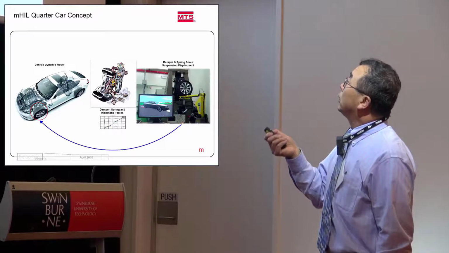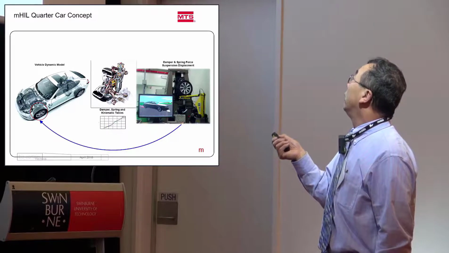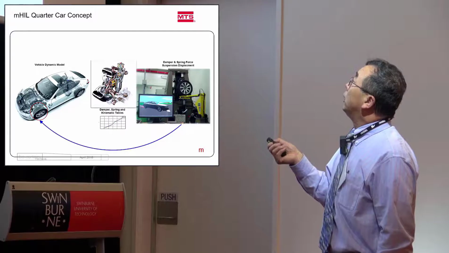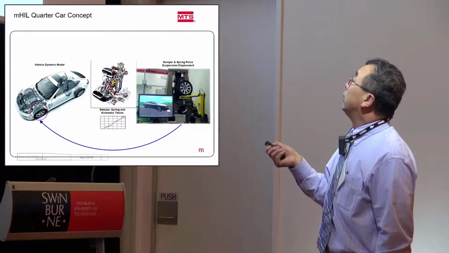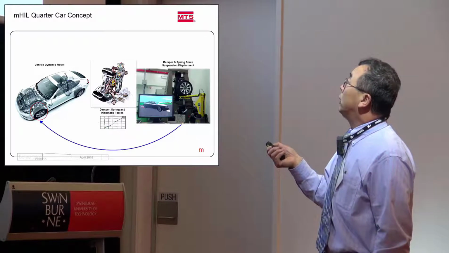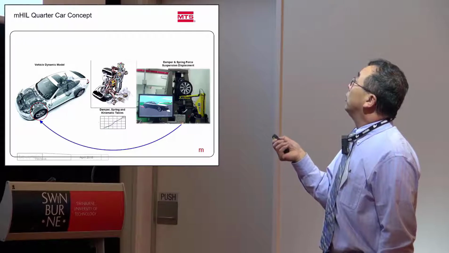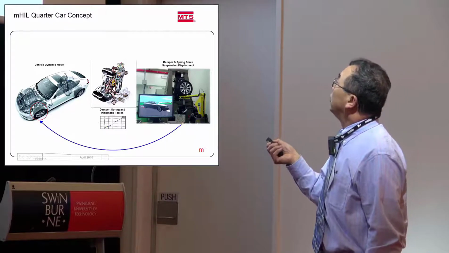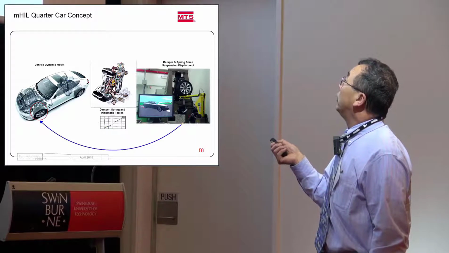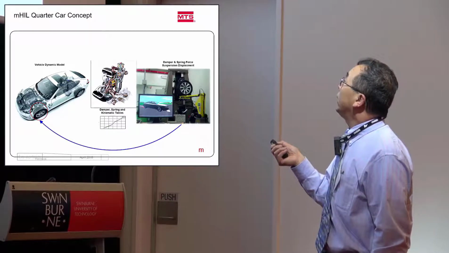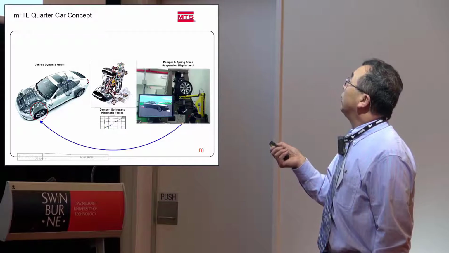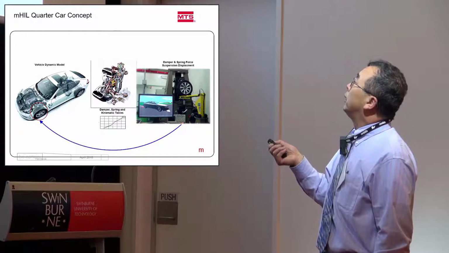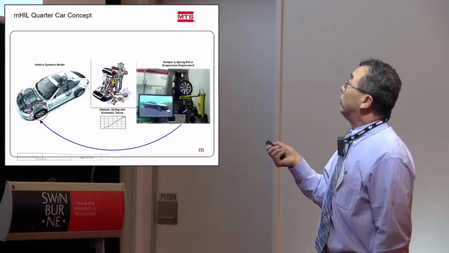So the quarter car is the physical substructure, and the rest is the numerical substructure. Also the tire handling gets the six-DOF loading. In this case, the tire is partially in the numerical model.